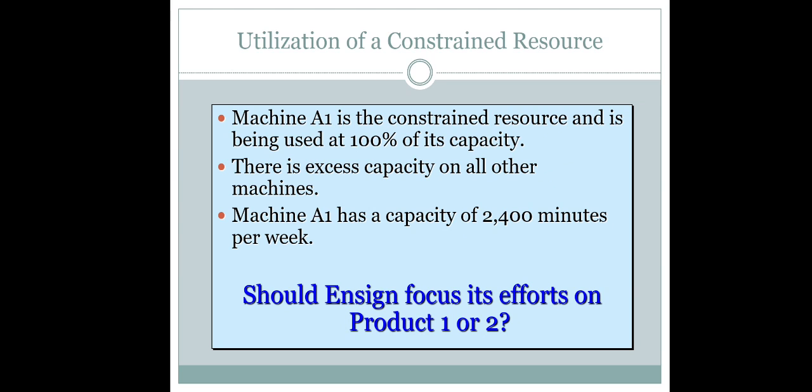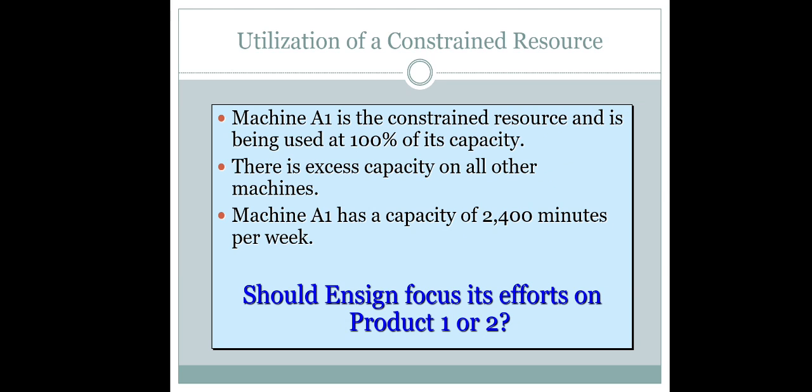Now, the machine is used at full capacity. It means that it cannot be used more than that anymore. There is excess capacity on other machines. So, machine A1 is the constrained resource. Machine A1 has the capacity of 2,400 minutes per week only.